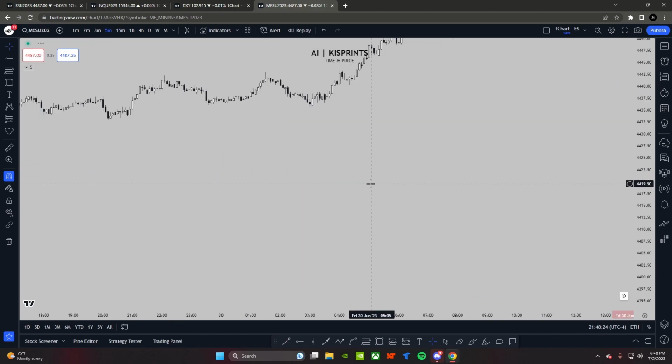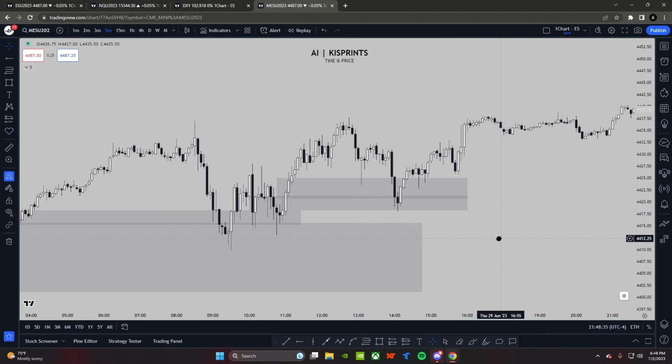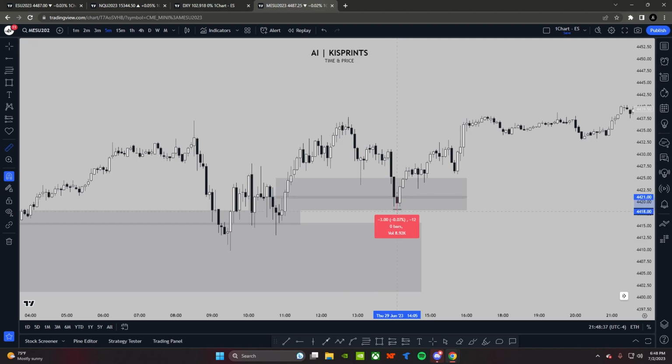If we go on the lower time frame, entry would be at that shaded area right there. If you enter there, stop at 5 points, your stop would be all the way down here. Obviously it wasn't tapped, and you could target your low-hanging fruit, which is this up here for 10 points.